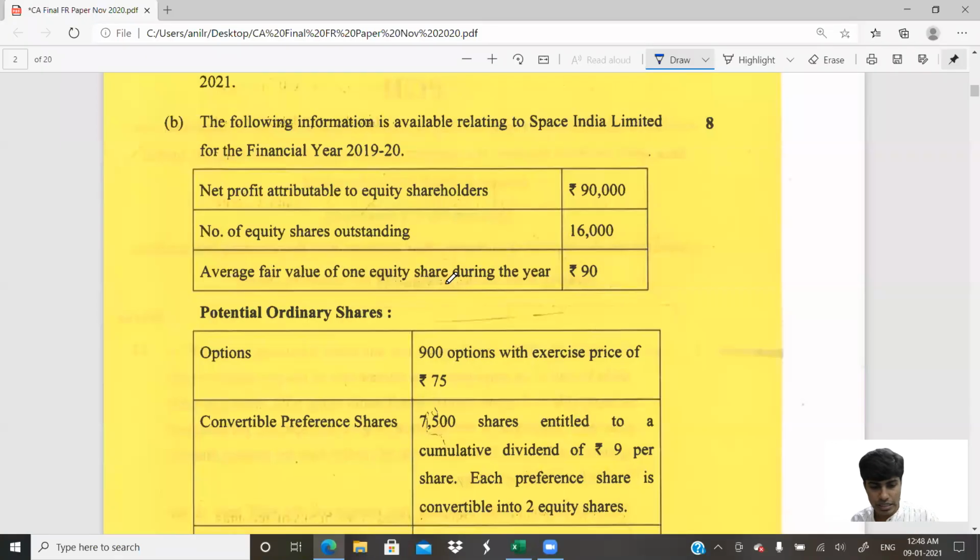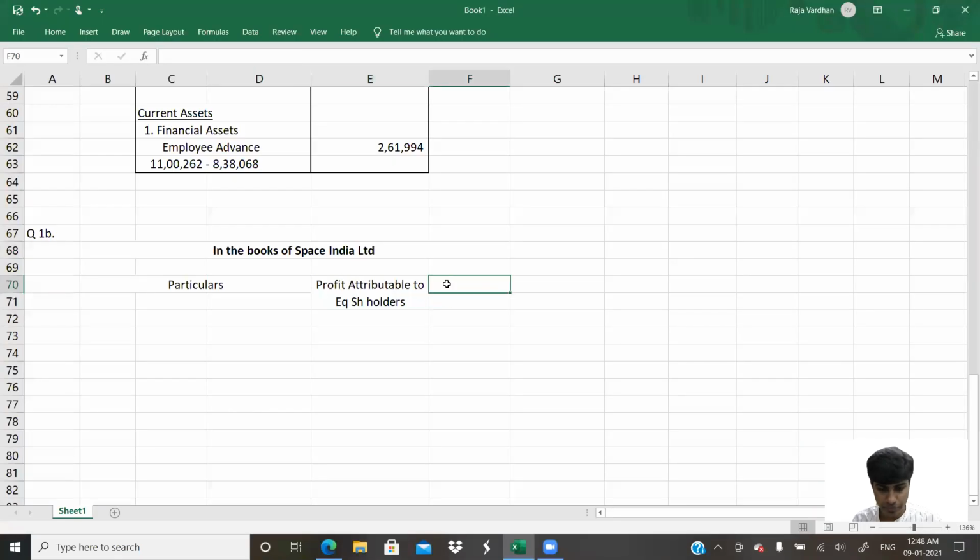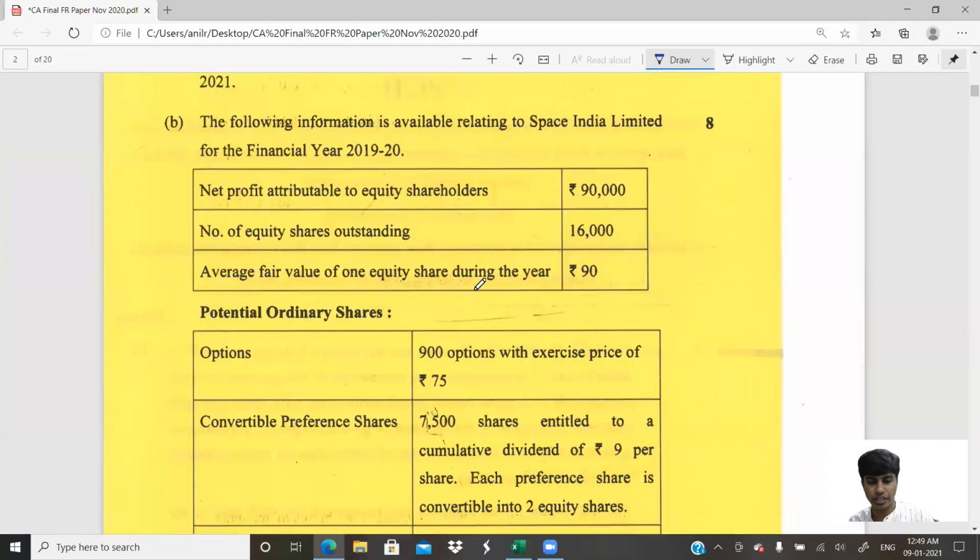Then we have number of equity shares outstanding.